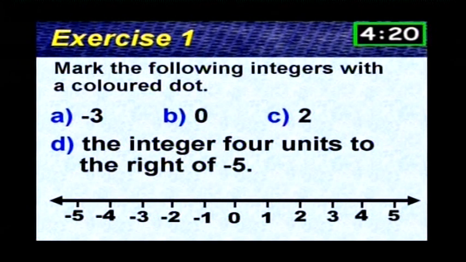Be very careful with letter D. The integers 4 units to the right of negative 5. Have we all finished? Should be very easy.